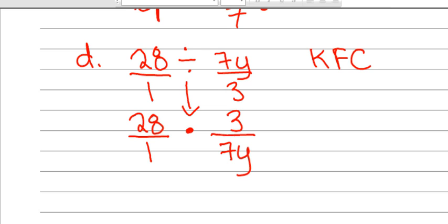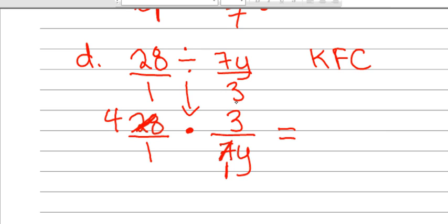There is not another y to cancel this out with, so I'm going to leave it with the 7. 7 goes into 28 4 times, so I'm going to cancel the 7. 28 divided by 7 is 4.